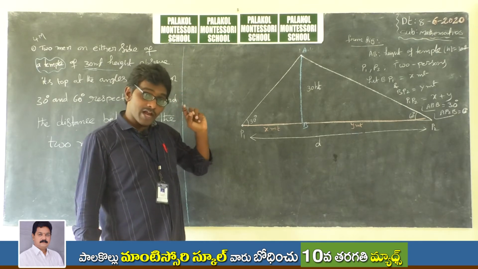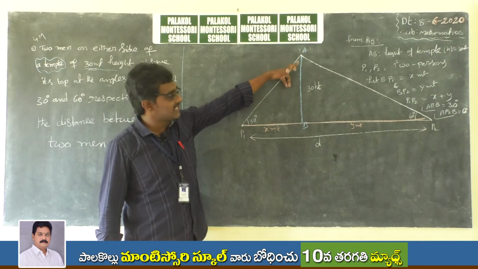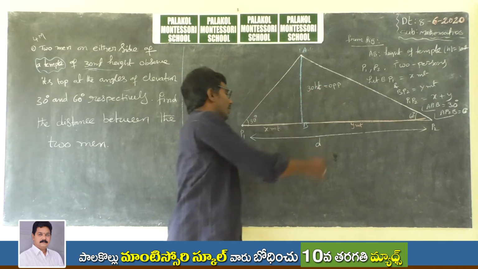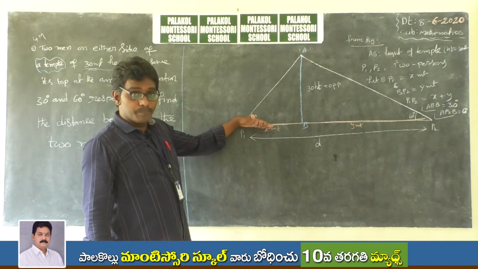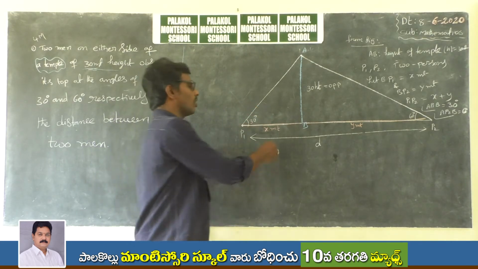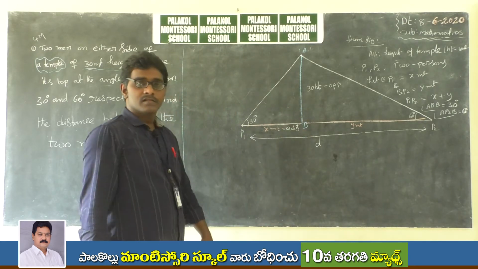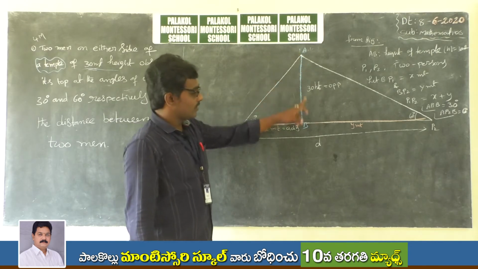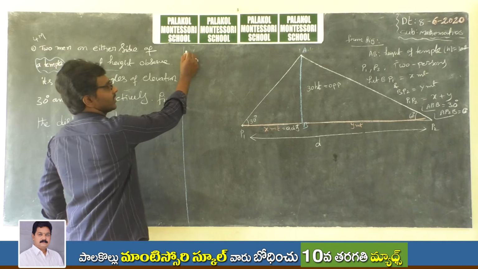In these triangle ratios, with respect to 30 degrees, this is the opposite side, and this x is the base, which is called the adjacent side. Now first take triangle ABP1.